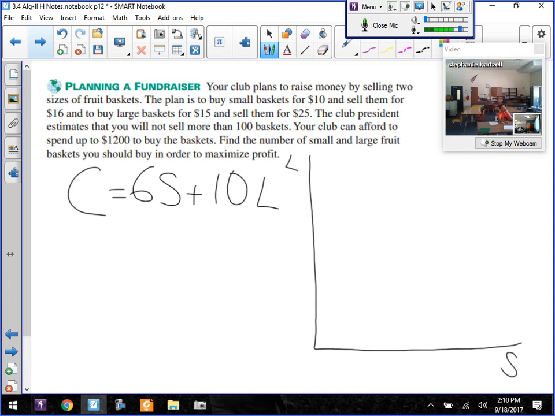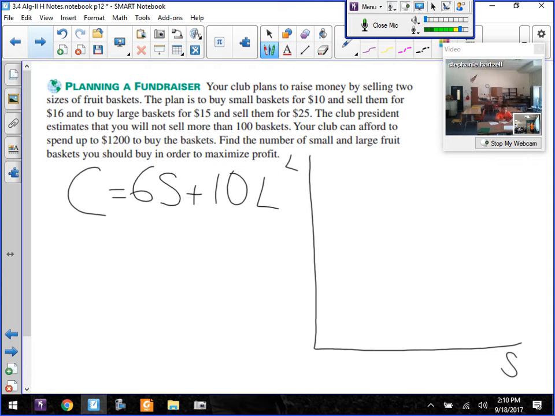The rest of this problem has some other information. It talks about how much money you can spend and how many baskets you can probably sell. Does it say anywhere in this problem that you're going to sell 4 small baskets for every large, or 2 large for every small, or anything like that? It just says you're going to sell small and large. How many of them at most? 100 of them.